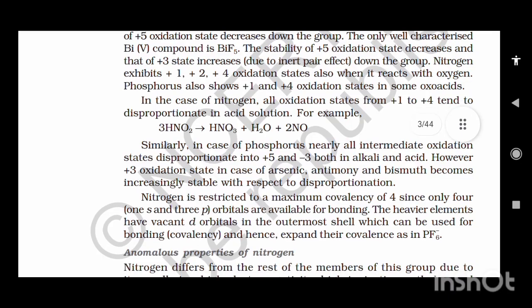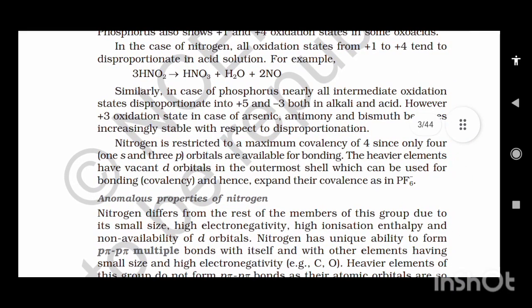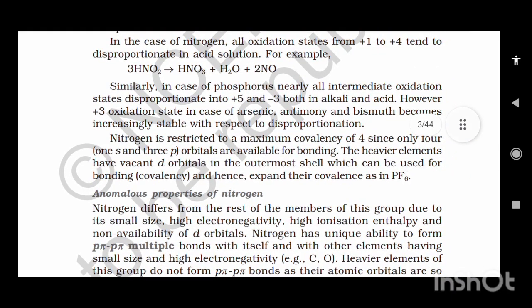Similarly, in the case of phosphorus, nearly all the intermediate oxidation states disproportionate into +5 and -3 both in alkali and acids. However, +3 oxidation state in the case of arsenic, antimony and bismuth becomes increasingly stable with respect to disproportionation. Nitrogen is restricted to a maximum covalency of 4 since only 4 orbitals are available for bonding.